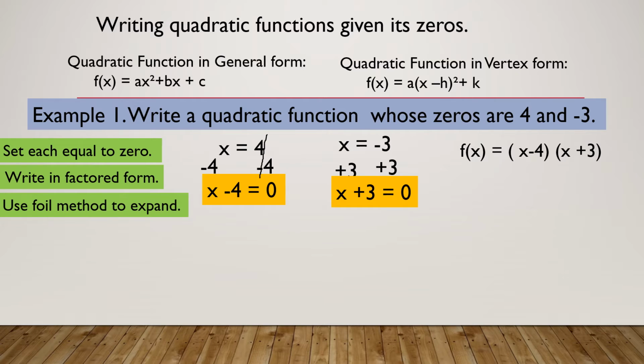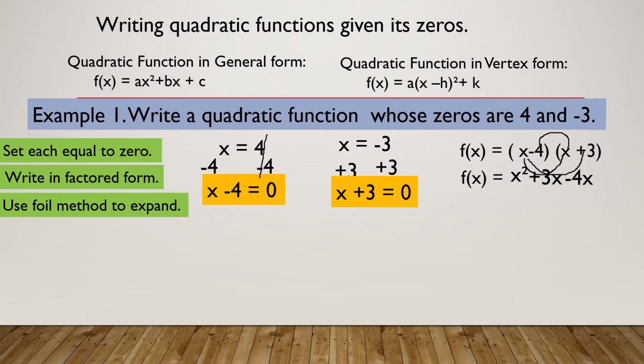Next, we use the FOIL method to expand this and multiply. First, copy f(x). x times x is x squared. Next, x times 3 is plus 3x. Next, negative 4 times x is negative 4x.